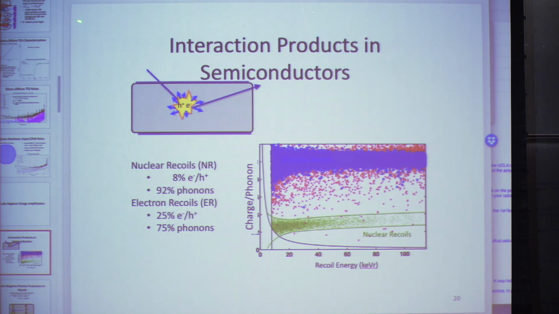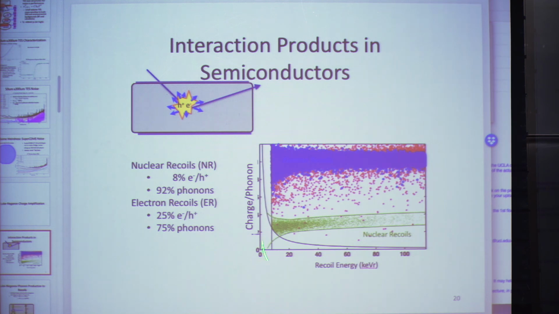A dark matter particle or a photon comes in, interacts, and produces a bunch of vibrations and a bunch of electron hole pairs. The ratio of electron hole pairs for electron recoils and nuclear recoils is different. It's something like 1/4 of the total energy is put into the potential energy of electron hole pairs for electron recoils, where only something like 8% is put into electron hole potential energy in a nuclear recoil.